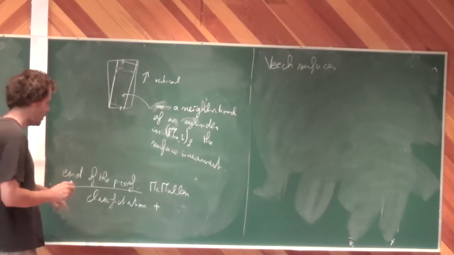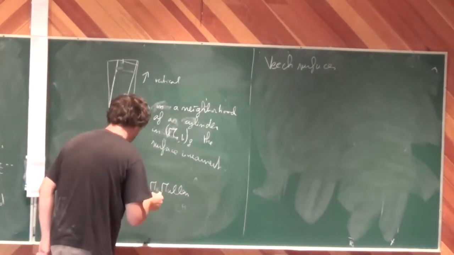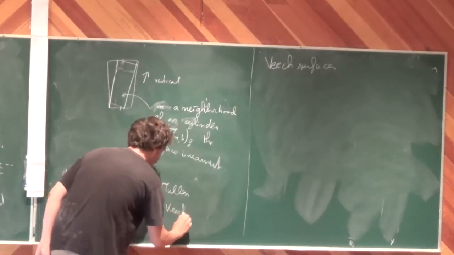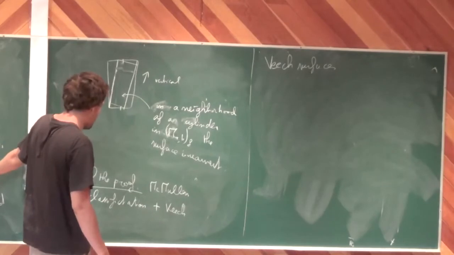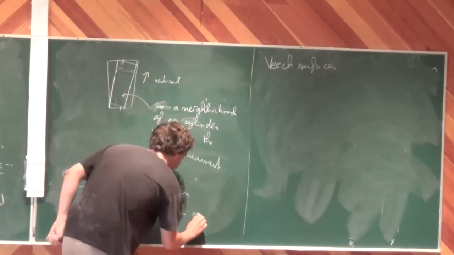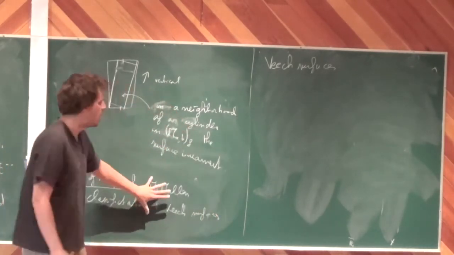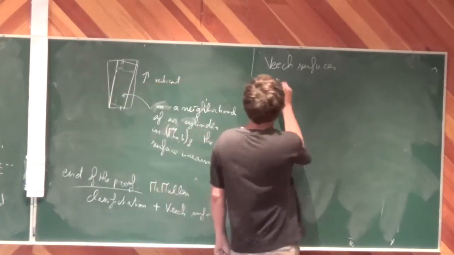So this is what they use. Use Veech surfaces, and they prove that for a Veech surface you can always manage to find good cylinders. So I just write it, but this is the very technical part of the article.